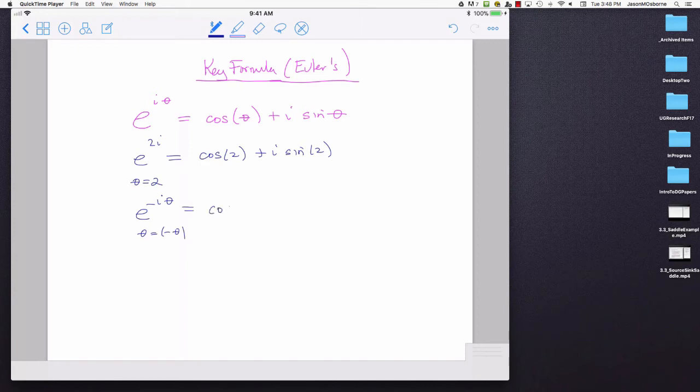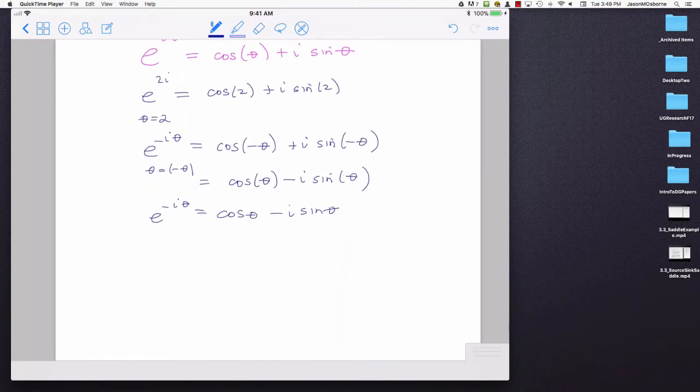So you would get cosine of negative theta plus i times the sine of negative theta. Then use the fact that cosine is an even function and sine is an odd function. So e to the minus i theta is cosine of theta minus i sine of theta.